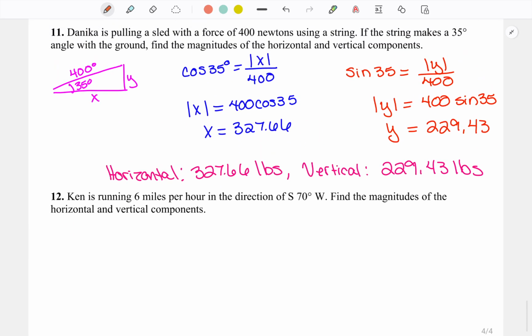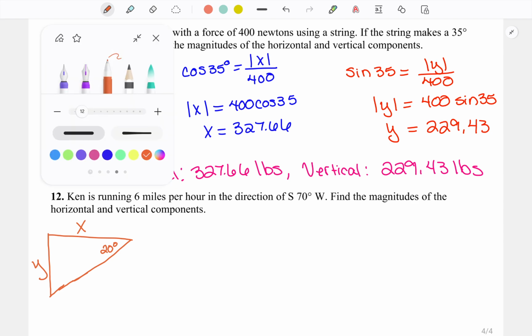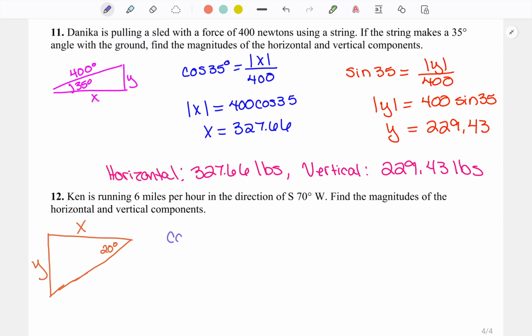So for our last problem, Ken is running 6 miles per hour in the direction of south 20 degrees west. Find the magnitudes of the horizontal and vertical components. So our horizontal will be X, our vertical will be Y. For the horizontal, the cosine of 20 degrees equals the absolute value of X over 20.